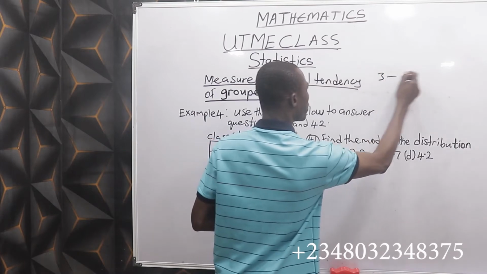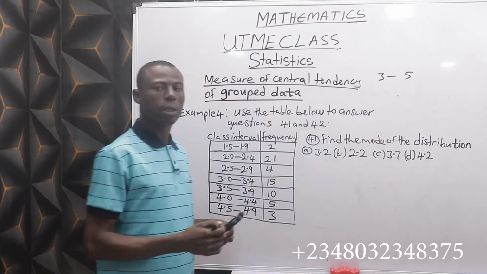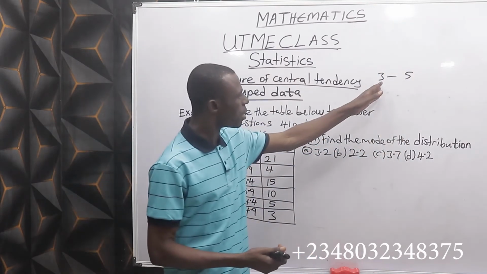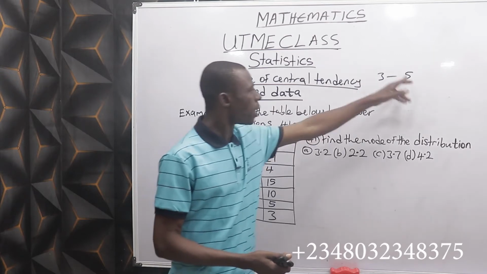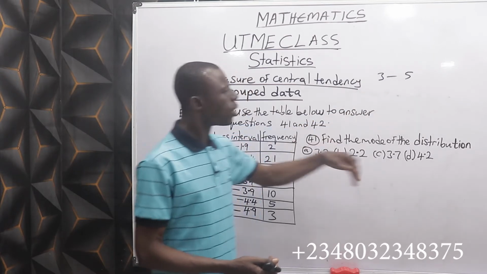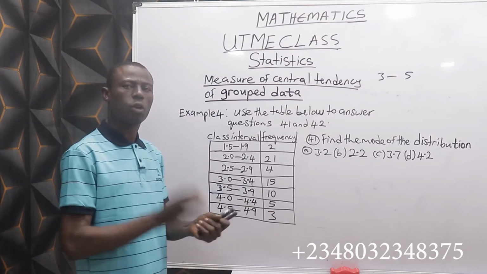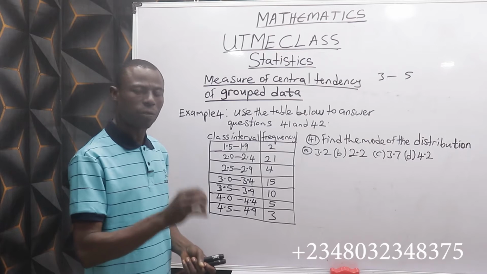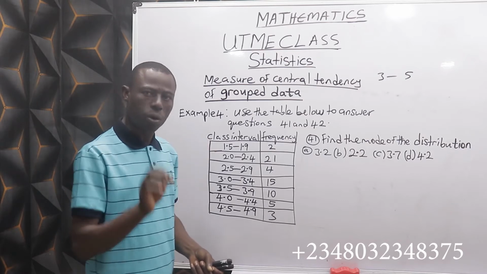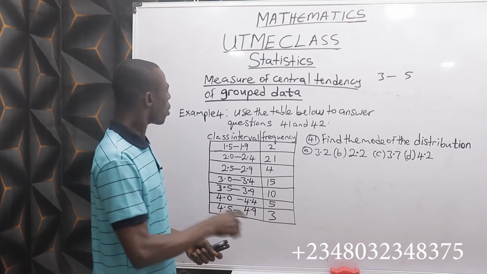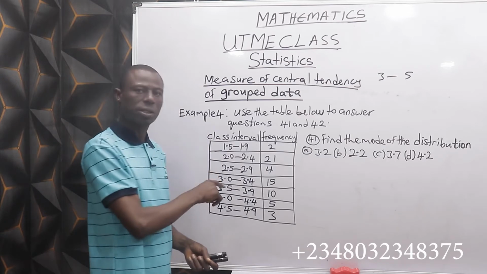You have 3 to 5 as the limit. The lower limit here is whole number 3. Upper limit here is whole number 5. To deal with that, I told you that I will be subtracting 0.5. That 0.5 as the boundary coefficient is not going to be the same in this.